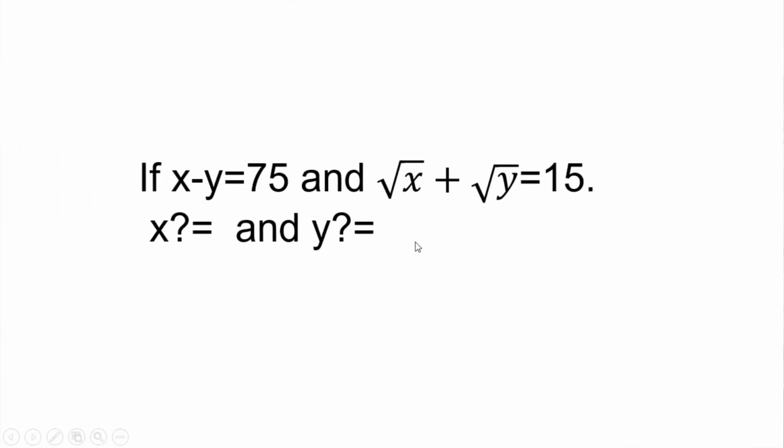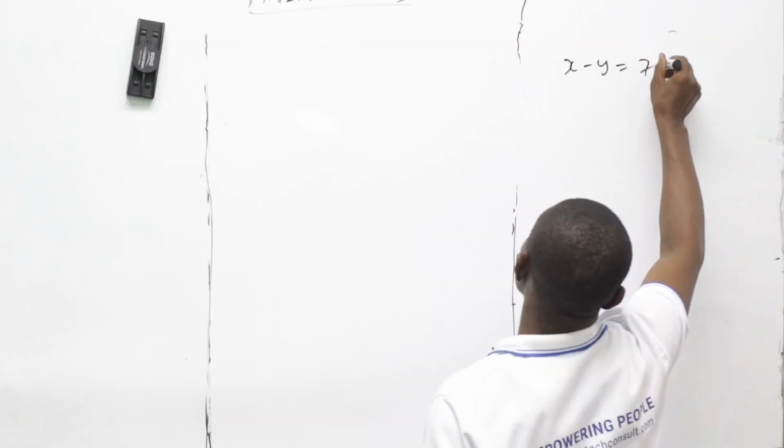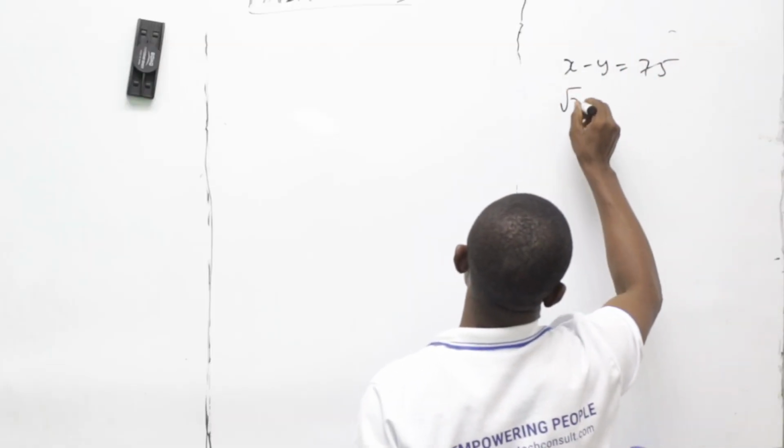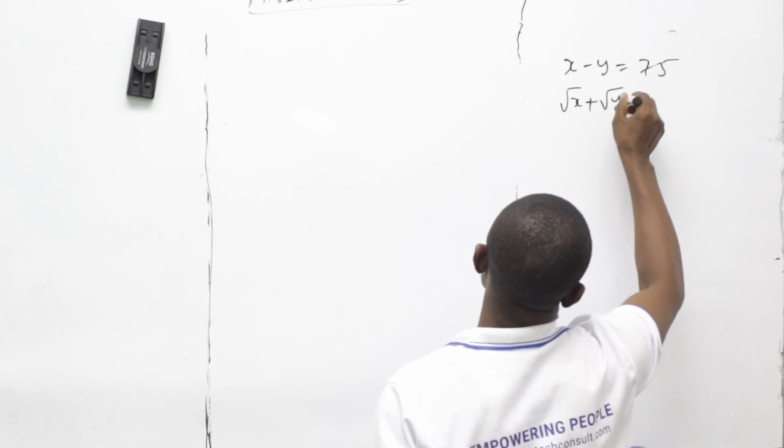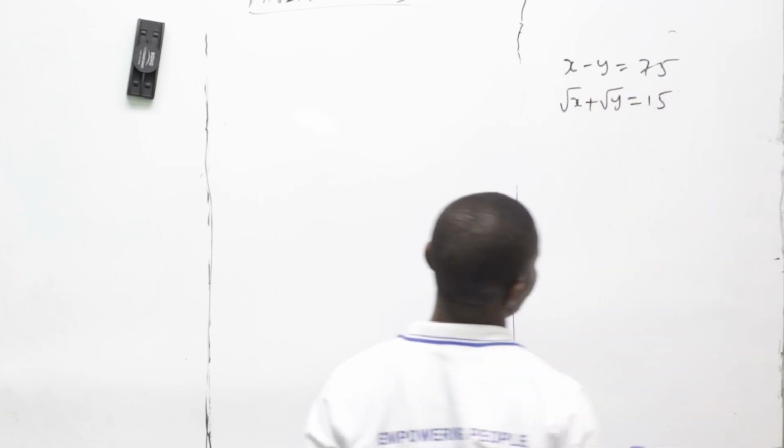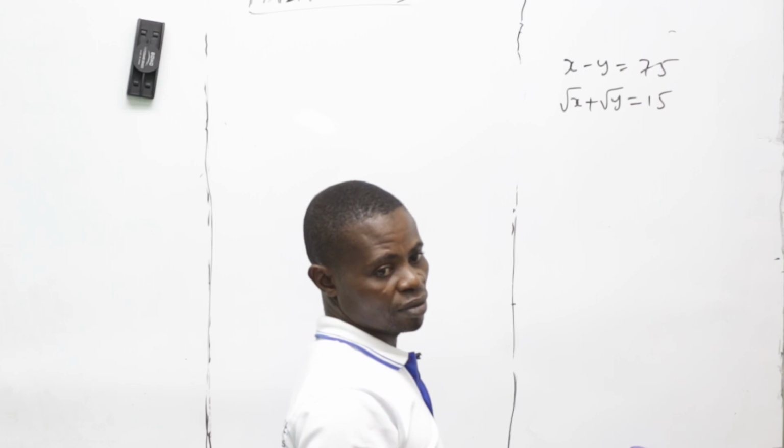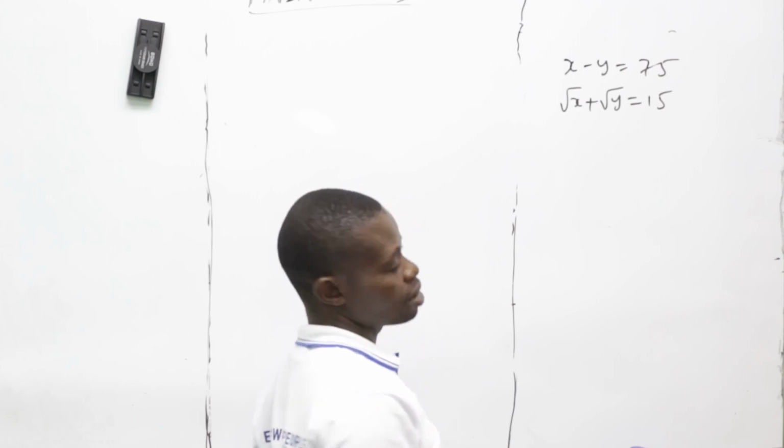Let's look at another one before we now check our past question and use our exam guide. x minus y equals 75, root x plus root y equals 15. What is x? What is y?